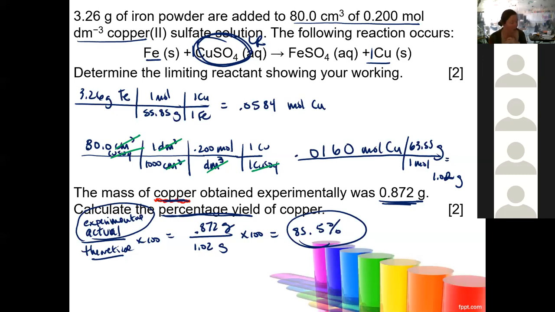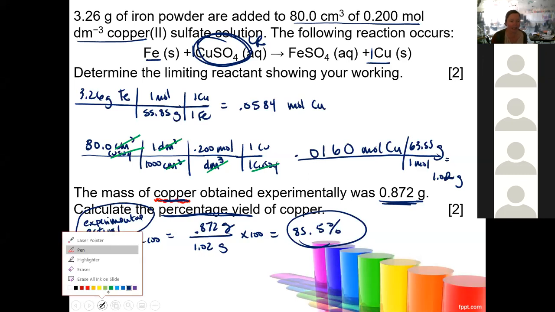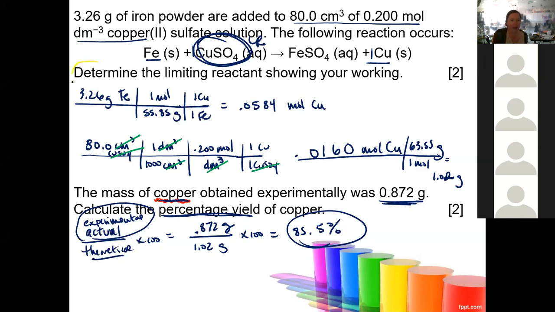We're using iron to calculate the moles of copper, and I don't understand why we're doing that. Are we looking at how much copper is produced from the iron during the reaction? Correct. Yes, in the math that I did here, I figured out, if all of the iron reacted, what is the maximum amount of copper we could make? If all of that copper sulfate reacted, what's the maximum moles of copper we could make?